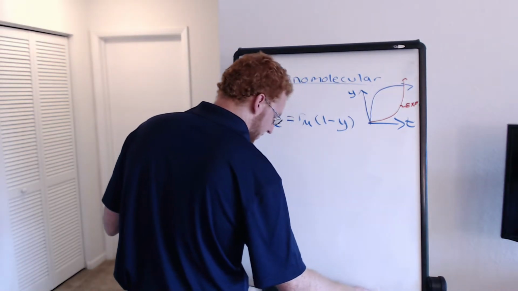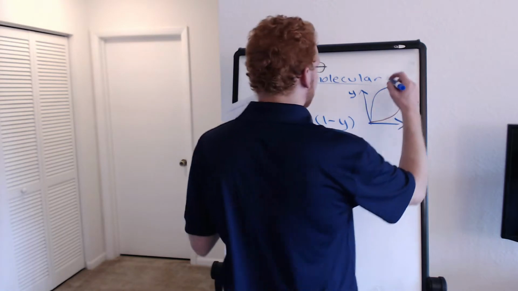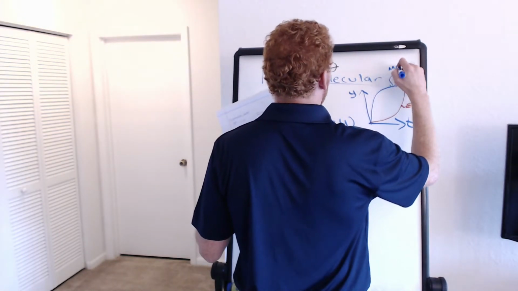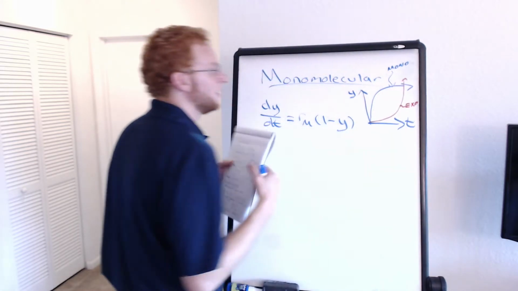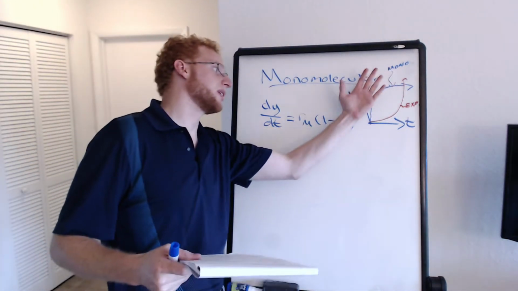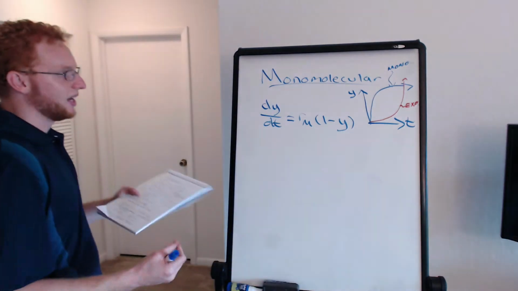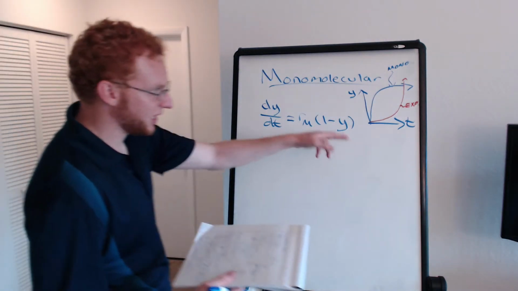This is monomolecular, sort of like a mirror image about the 45-degree line, and it gives a different shape.